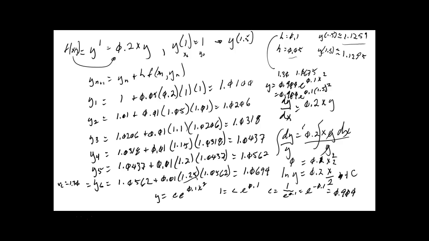Because I'm looking at the 0.2 divided by 2, you get 0.1. That is correct. We have 1 equals c e to the 0.1. We go ahead and just solve for e to the 0.1 right there instead of putting c equals 1 over that.